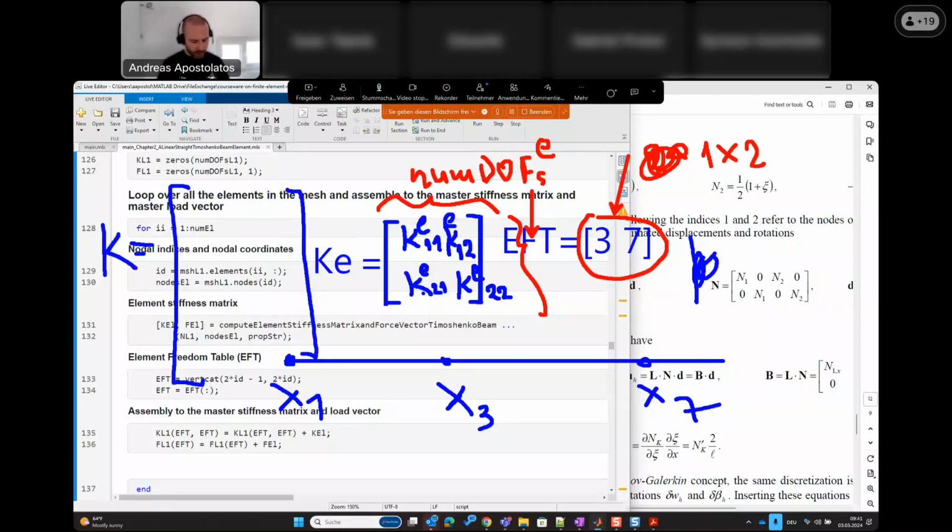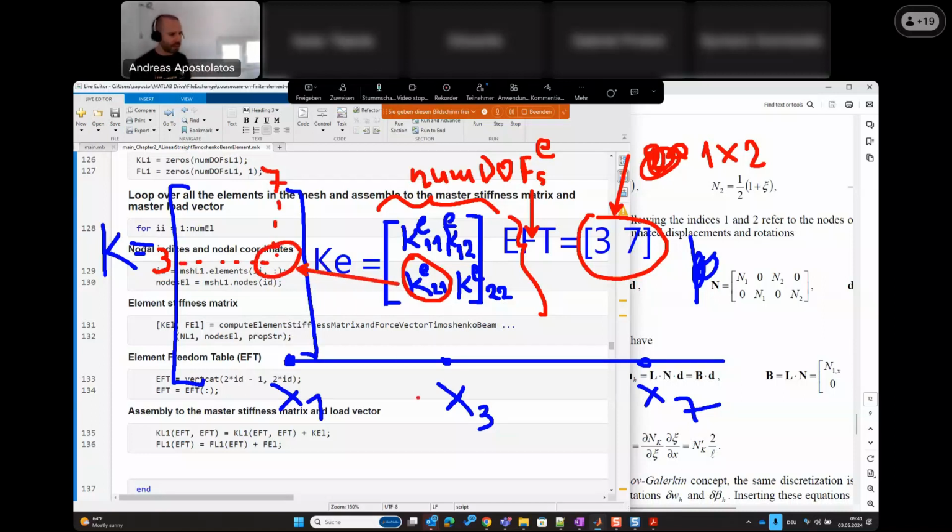It's more interesting. So red. The K21 entry is going to be placed at the row 3 and column 7. So we just have to find this one in the global matrix, and at this location here, we're going to place the K21. That's how the assembly works.